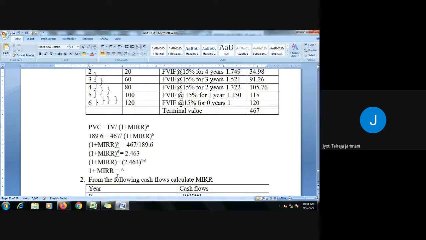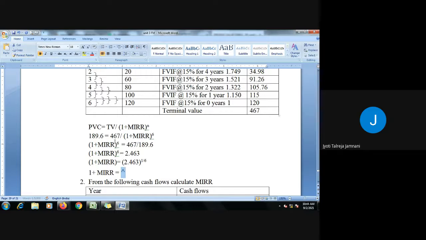I hope you're able to see this sign. I'll increase the font. You cannot solve these sums without the scientific calculator, so it is important. How much do you get? Not 0.415, you should get 1.162.